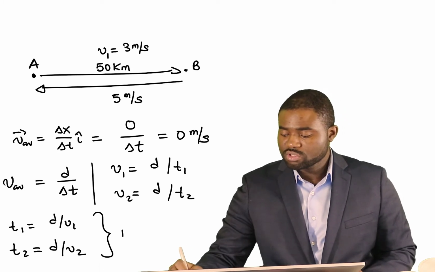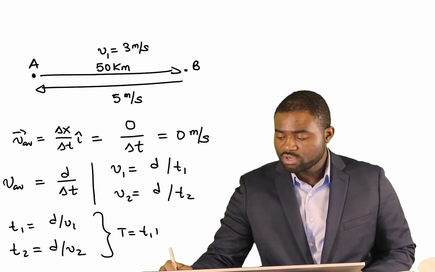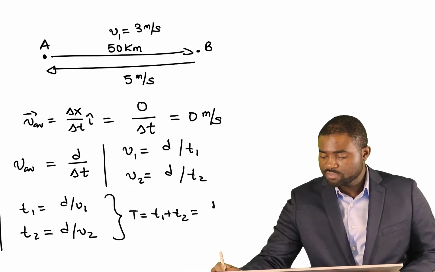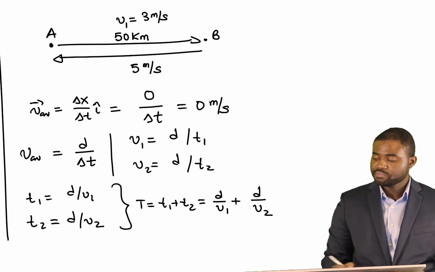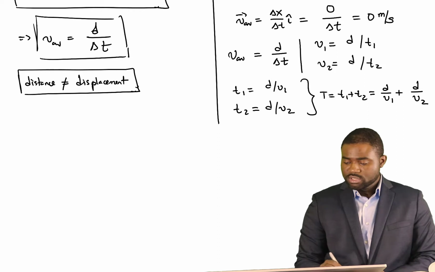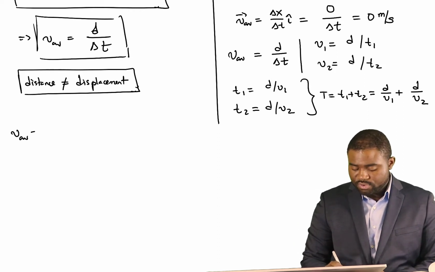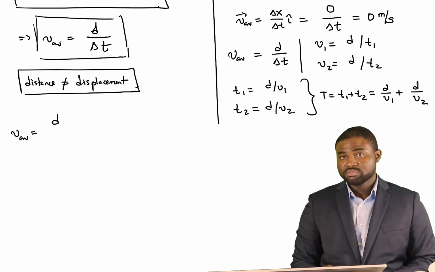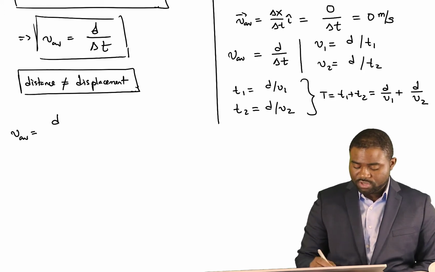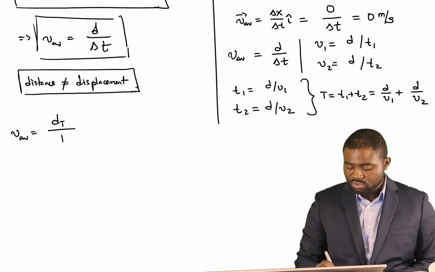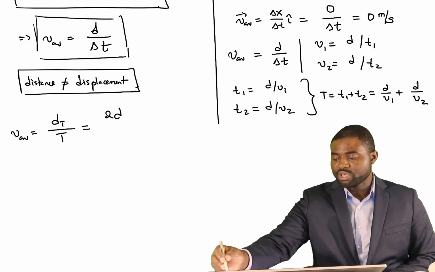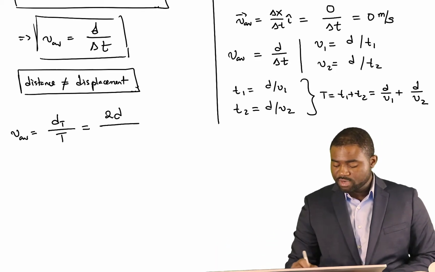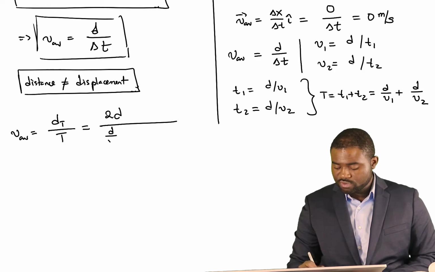Hence, the total time taken will be T1 plus T2. This is going to be D over V1 plus D over V2. So we can therefore see that V average is going to be equal to the total distance, D total, divided by the total time. The total distance here is 2D because he moves from A to B and from B to A, divided by the total time, which is D over V1 plus D over V2.